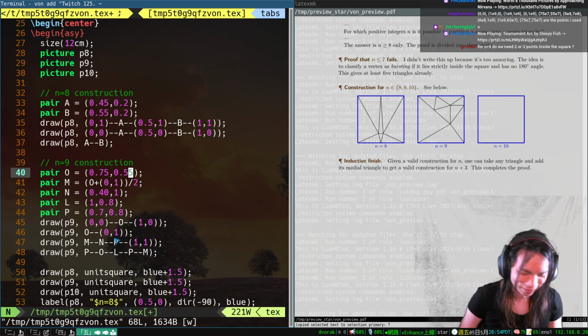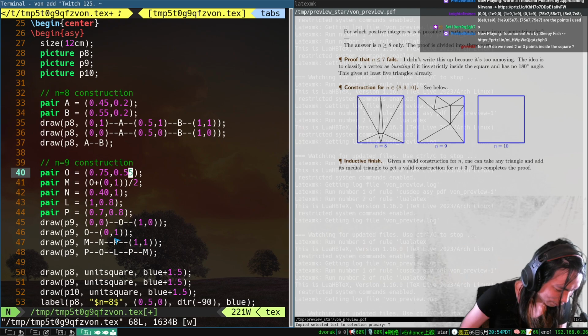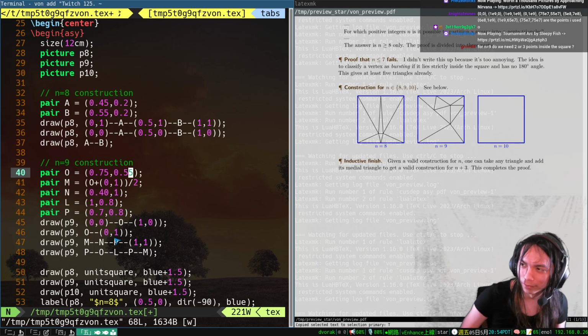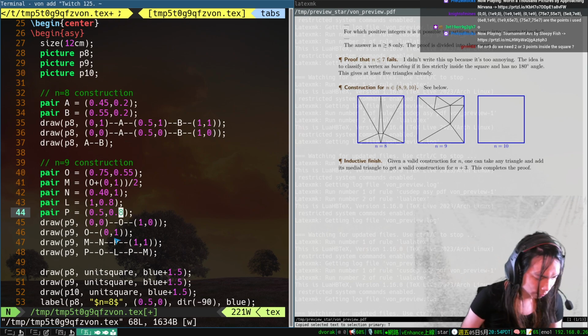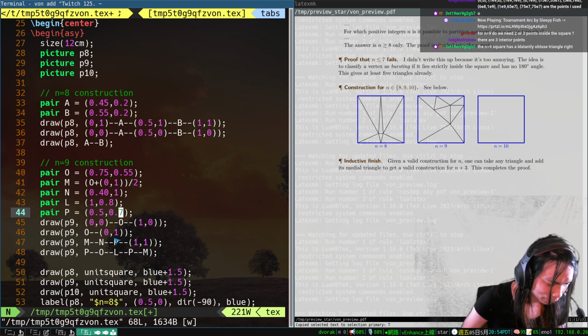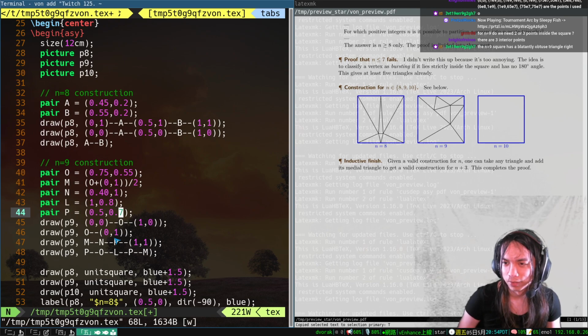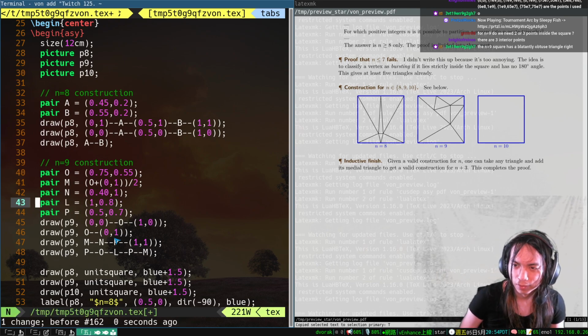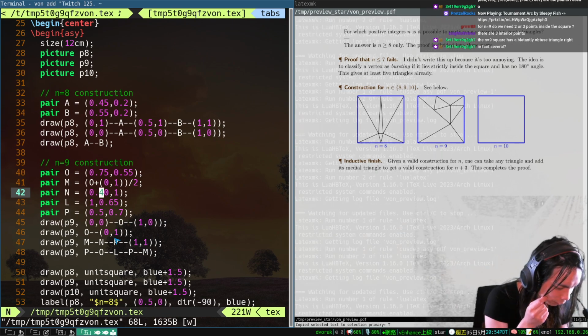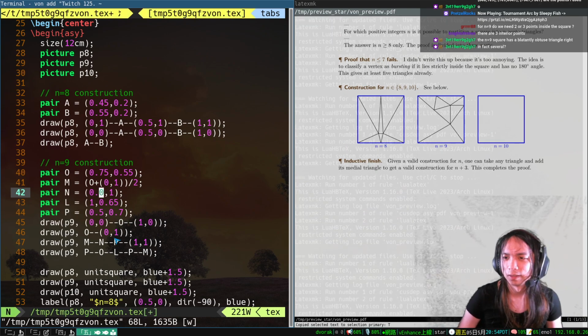Cool, thanks for the coordinates. 5, 7... 0.65. And the one on top should be 0.6.